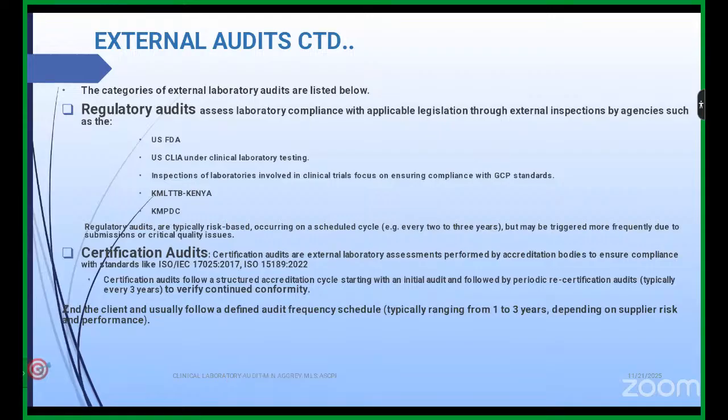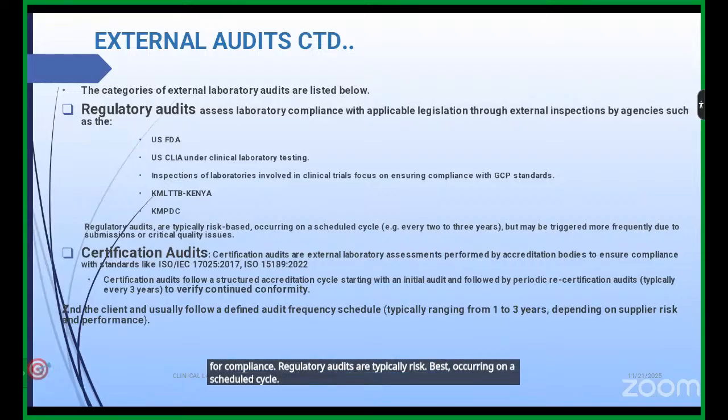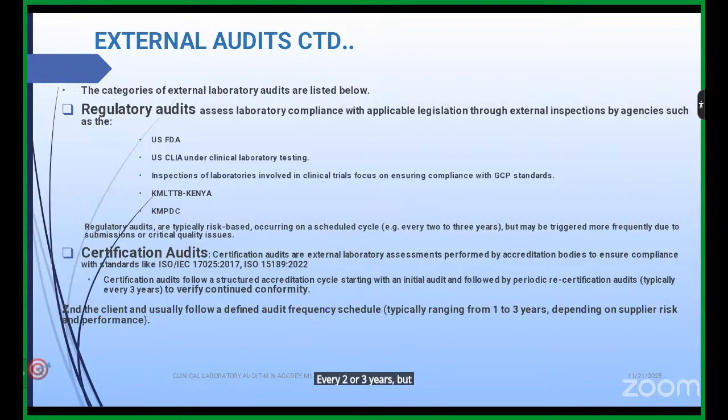for compliance. Regulatory audits are typically risk-based, occurring on scheduled cycle every 2 or 3 years, but may be triggered by certain incidences, or the frequency of such incidences, which are also critical quality issues.